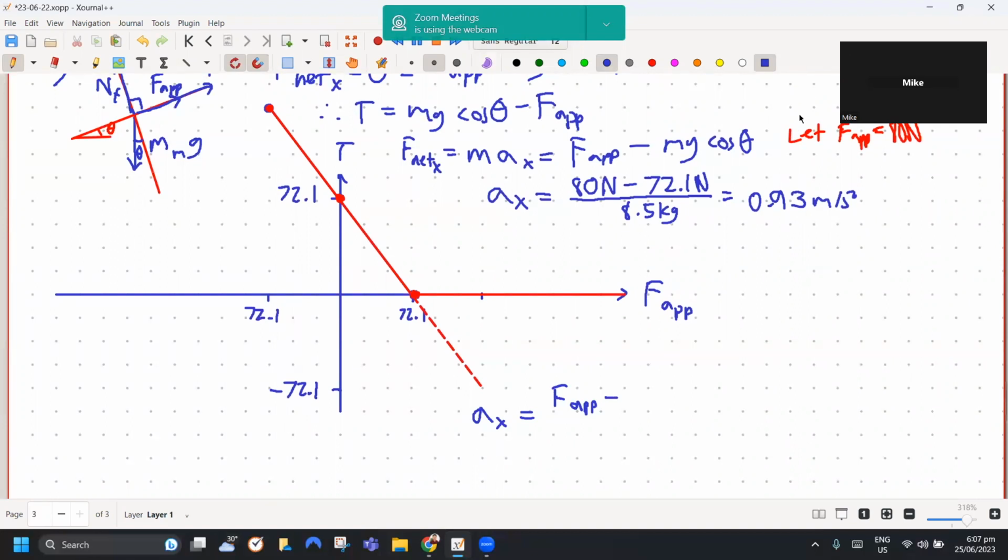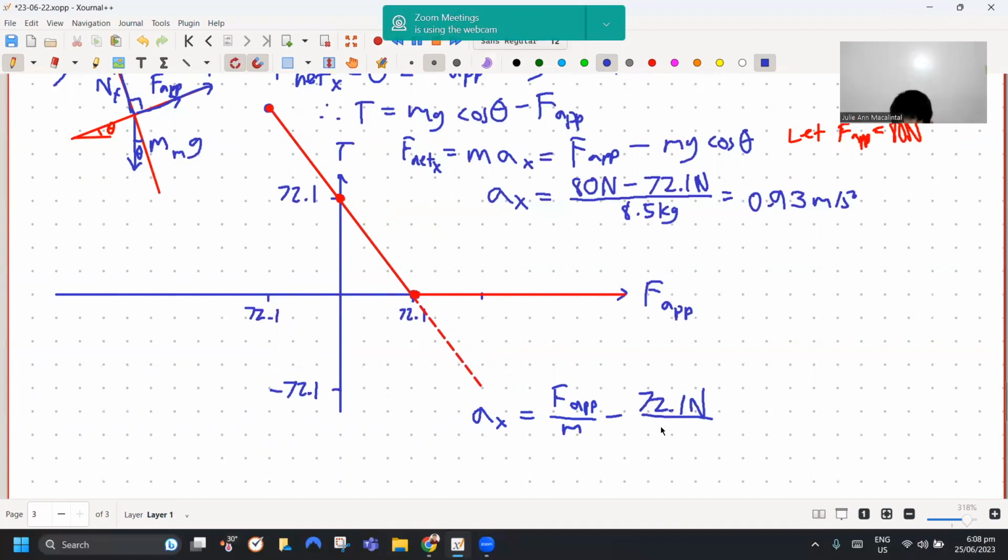So i-separate mo yung dalawang terms na yan. So F applied over m minus... huwag ka mag-substitute ng value. Suot mo as mg cosine theta over m. So mg cosine theta over m, or that simplifies to... so F applied over m.